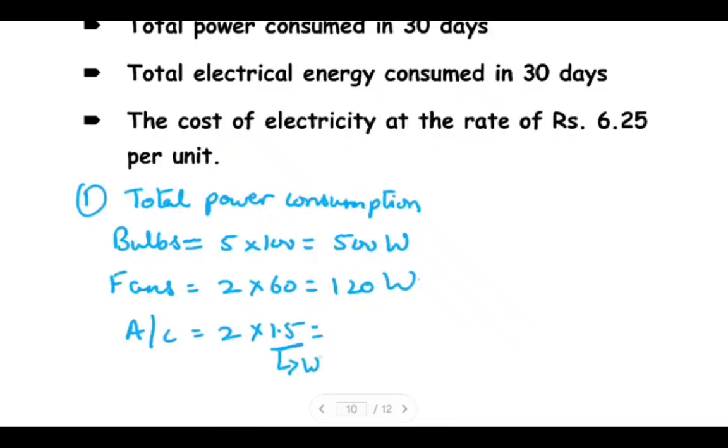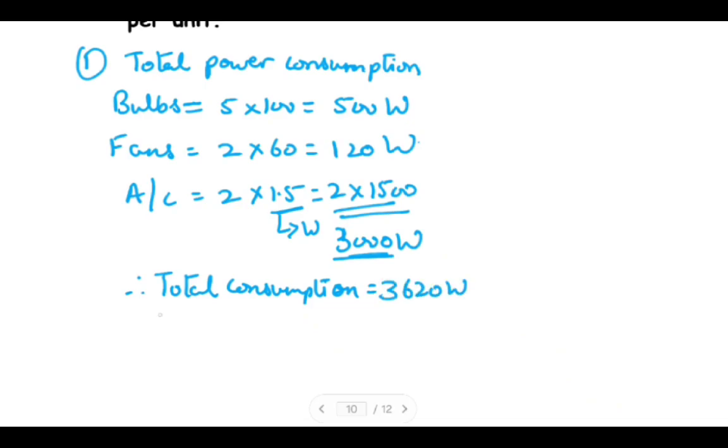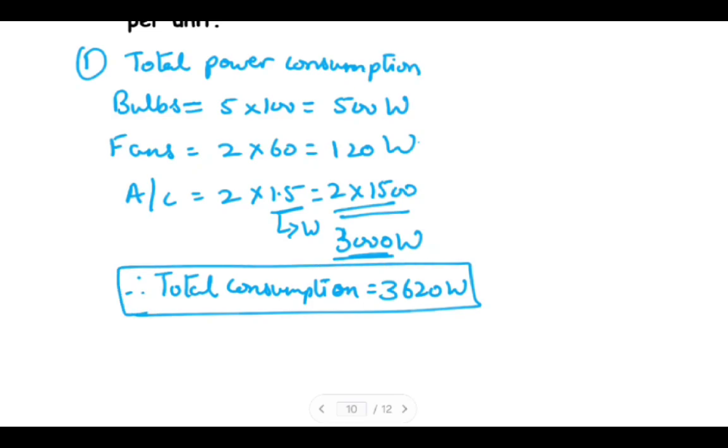So I have to convert it into watts. Multiply it by 1000, and I get 2 into 1500, which is nothing but 3000 watts. Now therefore total consumption is equal to 3000 plus 120 plus 500, which gives me 3620 watts. Okay, first part solved.